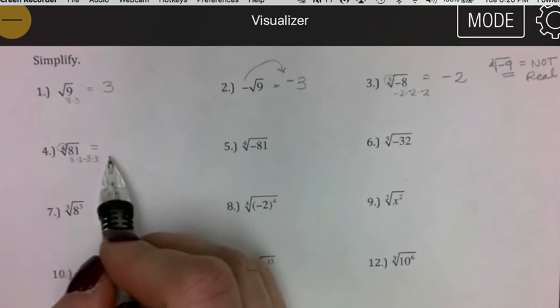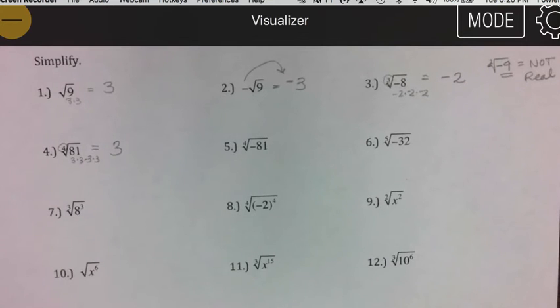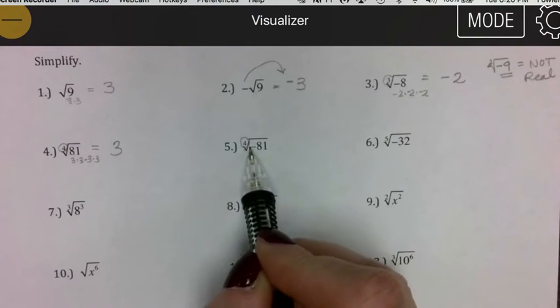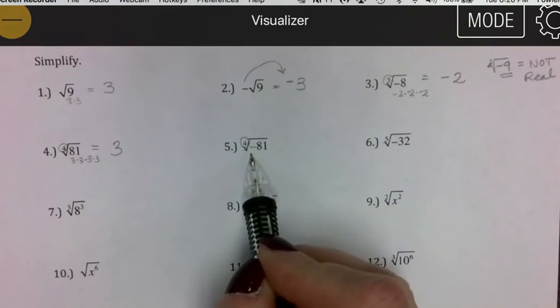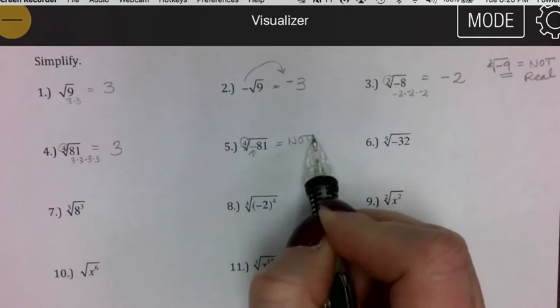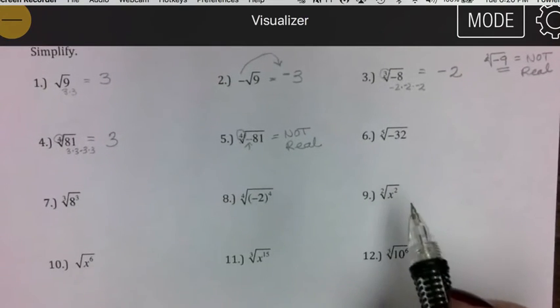So the fourth root of 81 is 3. On problem number 5, I have an even index. There is no way I can get 4 numbers to multiply to give me a negative, so this is not real. There is an answer to it, it's just not real.